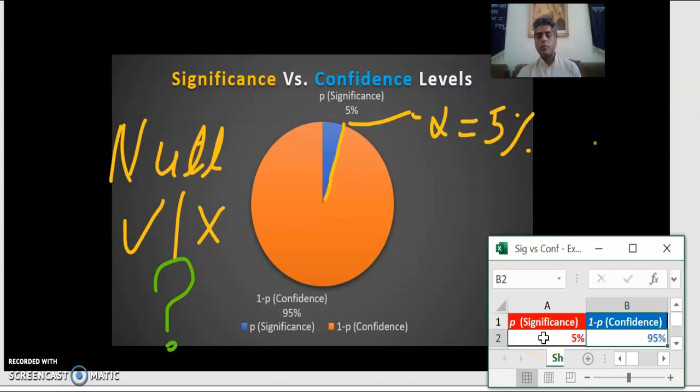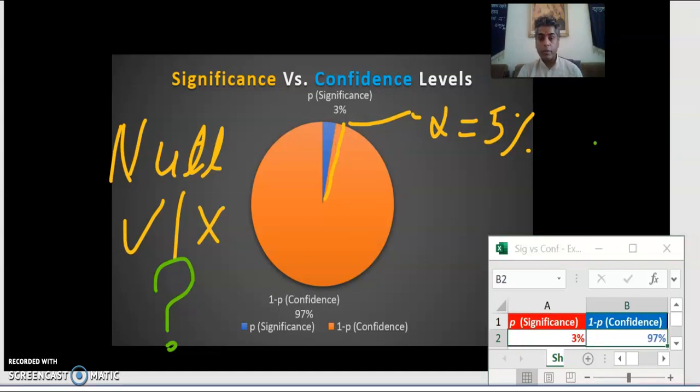In the shot put example, the number of successful throws was actually 97 and not 80 as detected originally. Therefore, the p-value was actually 3% and not 10%. Thus, the null should have been rejected, whereas it was not. So, as we can see, there was an error.